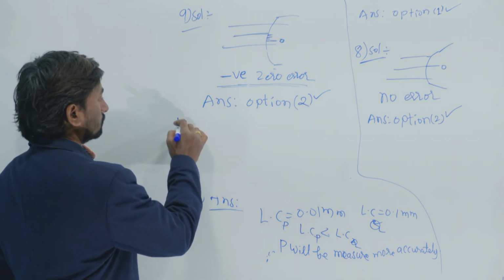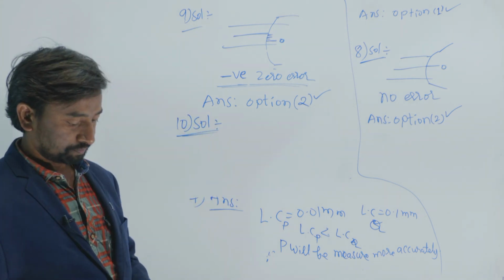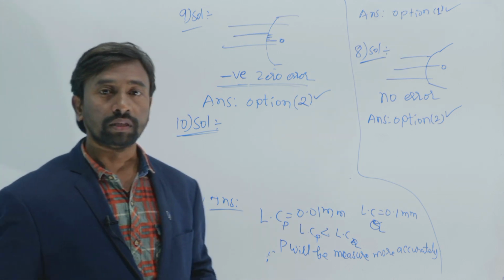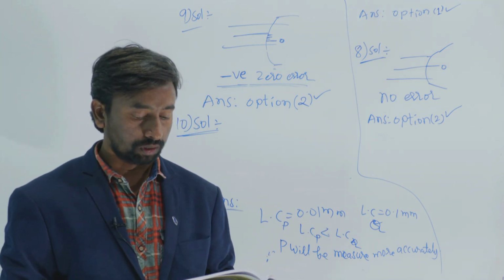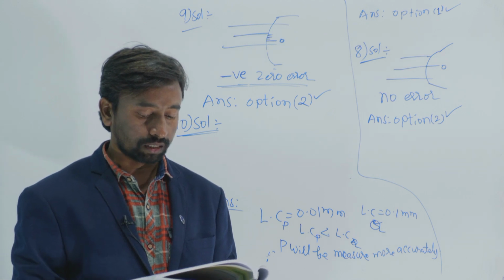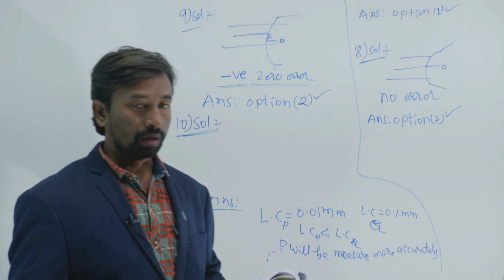Now the 10th one. In a screw gauge, when the studs are in contact, if the zero of the thimble is above the baseline, the screw gauge has the positive zero error.